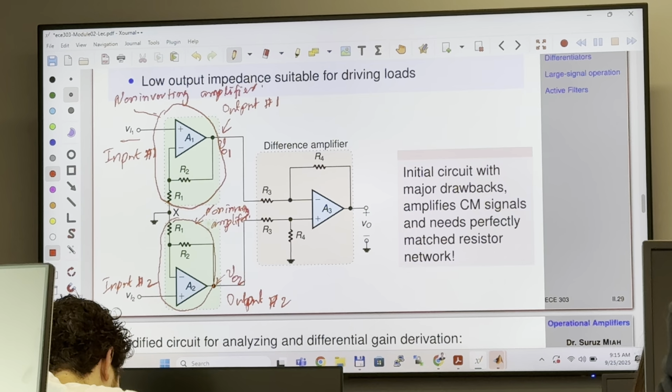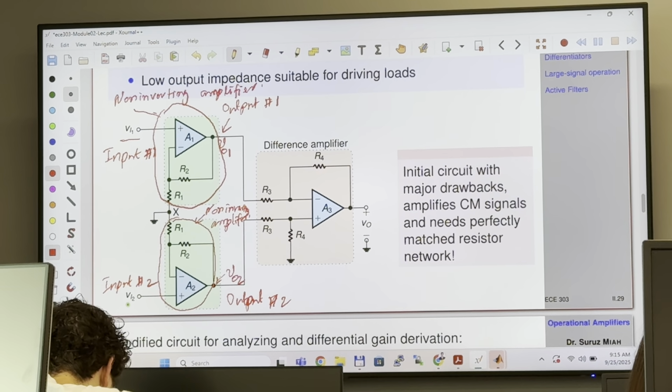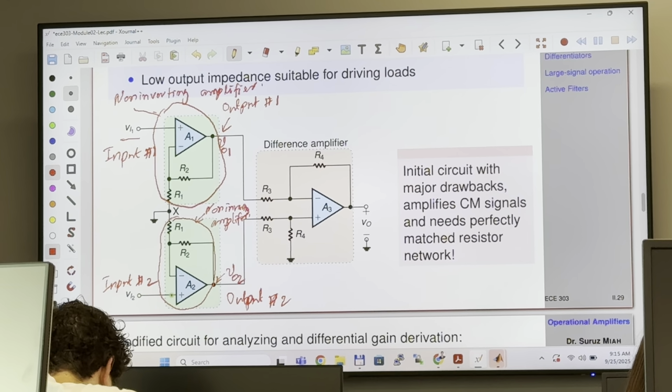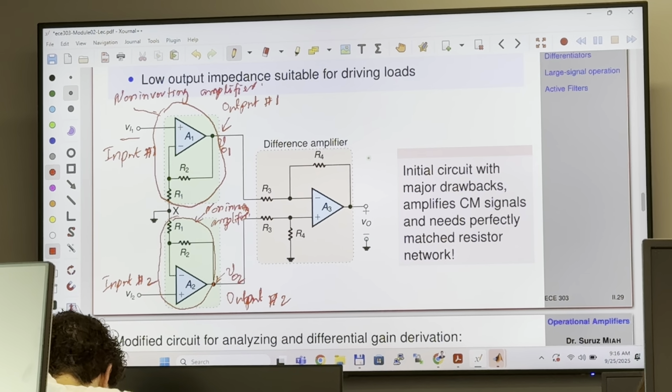So these are two non-inverting amplifiers where inputs are applied to the non-inverting input in operational amplifiers A1 and A2. Now, this side is the difference amplifier.